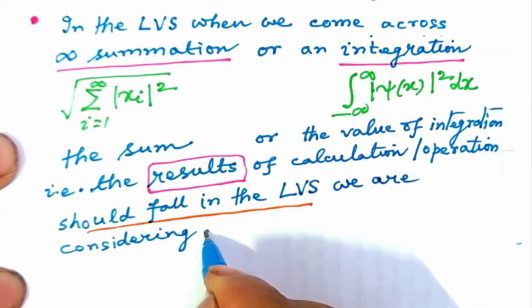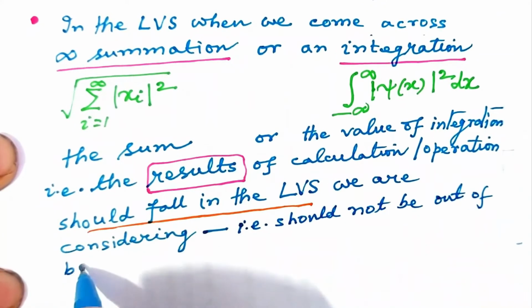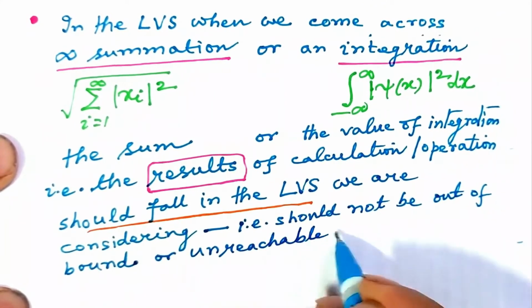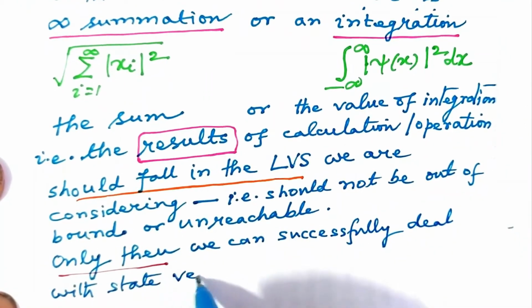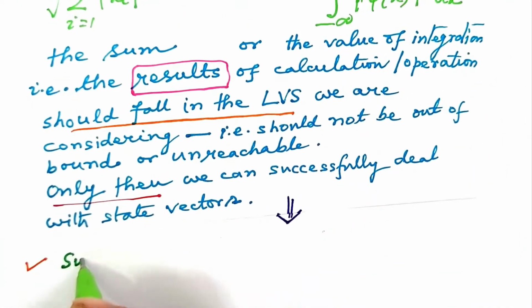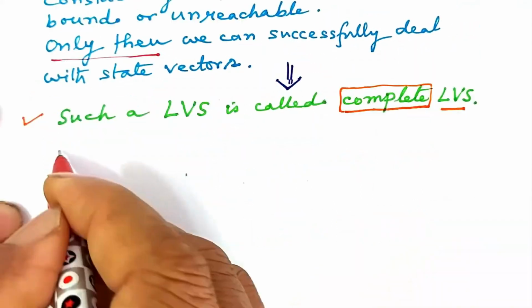Things are then finite, bounded. That is, the result should not be out of bounds or unreachable. Only then we can successfully deal with state vectors. Such a linear vector space is called complete linear vector space.